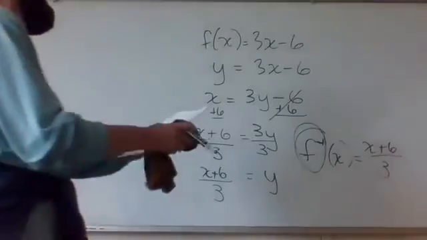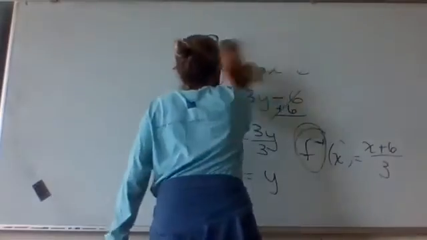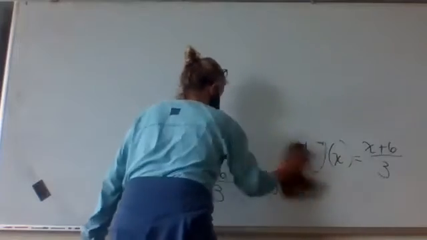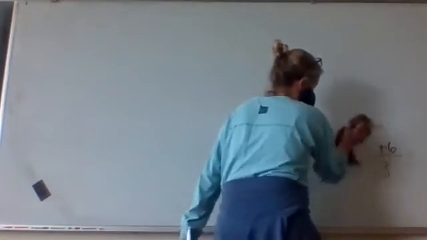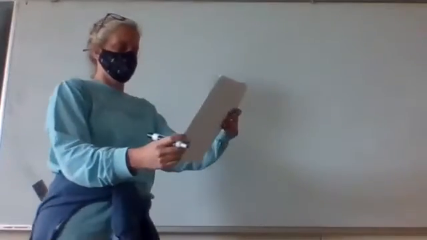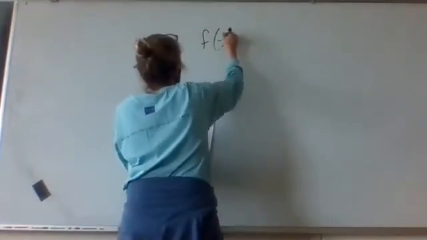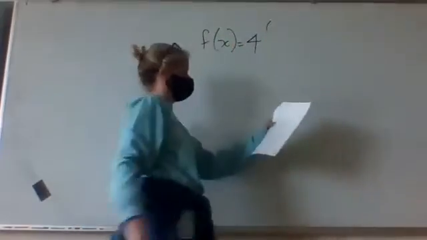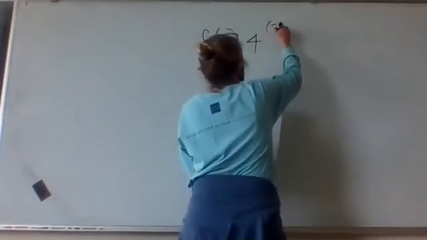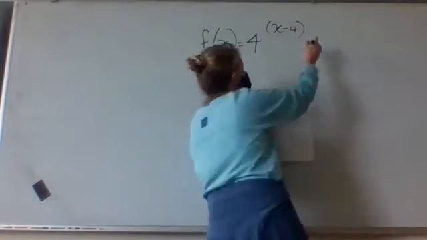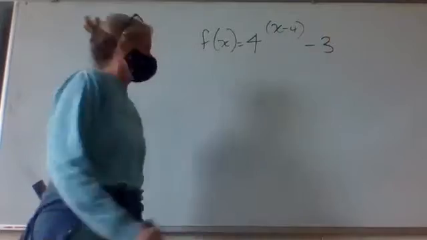Number 21. Says graph this function f of x equals 4, and then the exponent is x minus 4, so 4 to the x minus 4, minus 3.